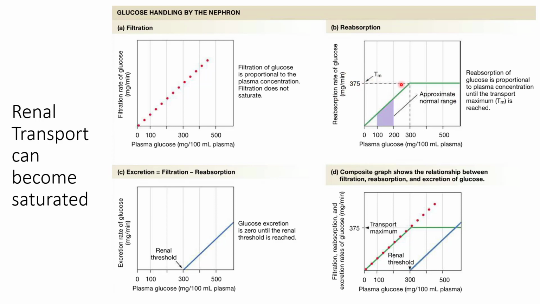That's the transport maximum. Anything above this, glucose concentrations above 300 milligrams per 100 milliliters, we're going to start hitting what we call renal threshold, in which we're going to lose glucose. Glucose is going to get excreted. So if you put all of these together into a composite graph, we see where our transport maximum is. At that point, we would then have excretion of glucose.